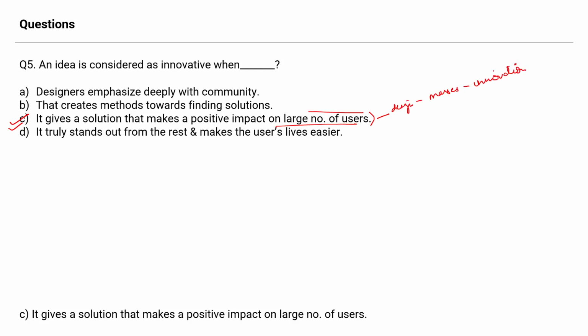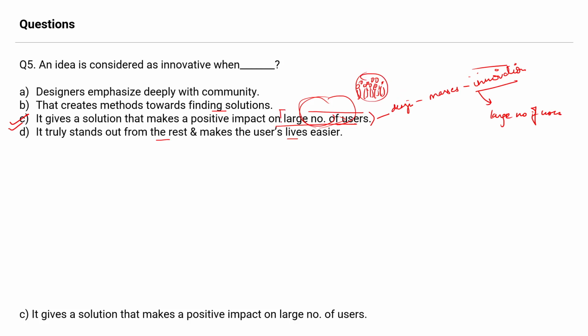So for any design to be innovative, it needs to reach out to a large number of users. A good design might have features like it stands unique, it makes users' life easier, it is helping them find solutions. But if it is not reaching out to a large number of people, people are not accepting it, only limited people are having it, all this matters a lot.